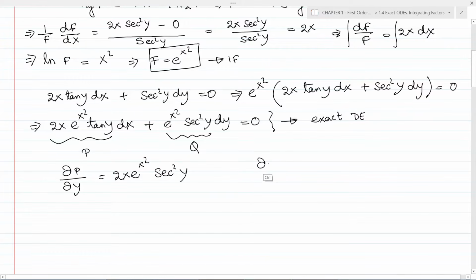And if you calculate del Q by del x, then here we will assume y equal to constant, so this will be sec square y, and derivative of e to the power x square is 2x e to the power x square.